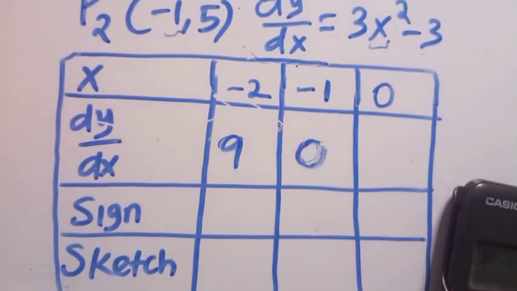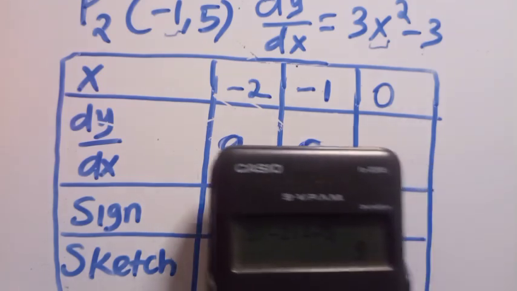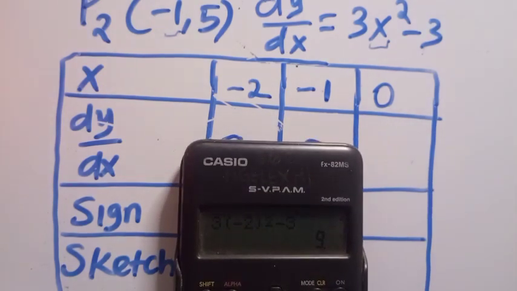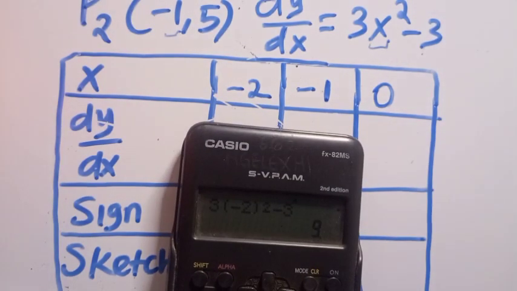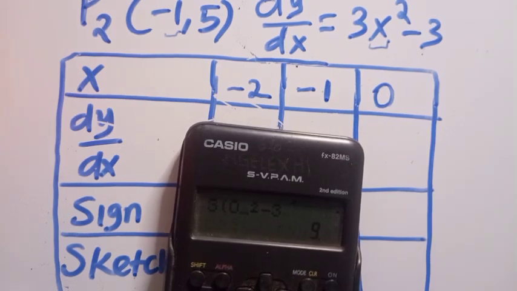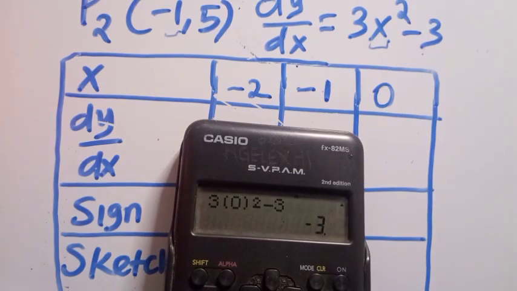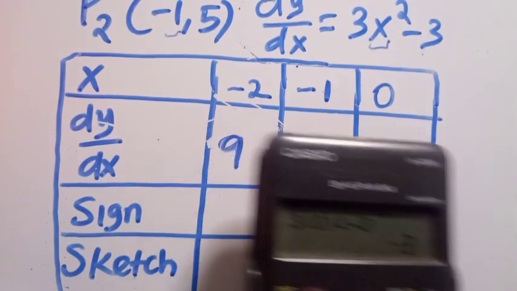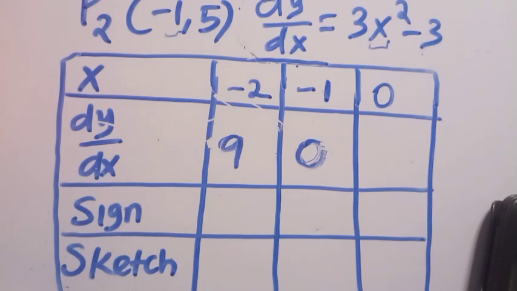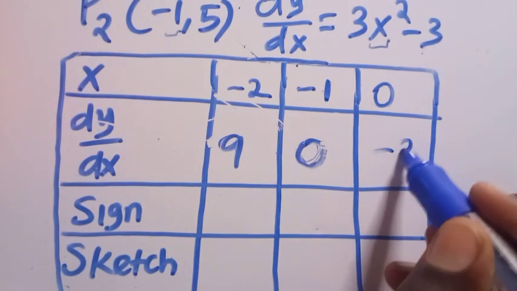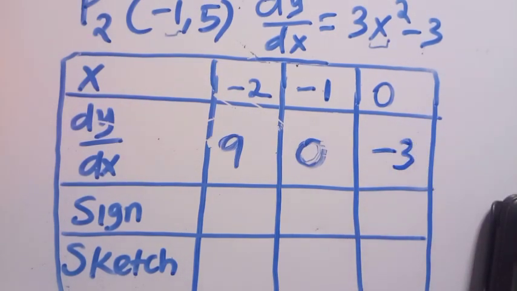This one is 9. Then when x is 0, what is our dy over dx? We substitute it, so we shall have 3 into 0 squared minus 3, and that is -3.